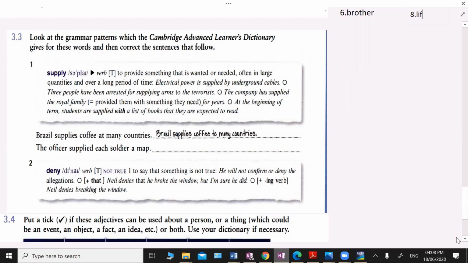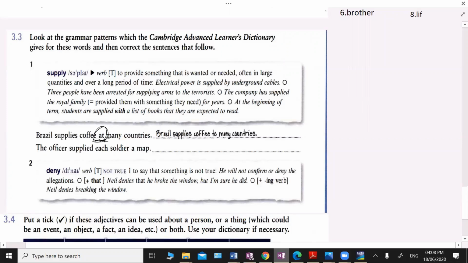Now it says here, Brazil supplies coffee at many countries. Some mistake here. Brazil supplies coffee to many countries, not at many countries. So there is a mistake here with the word at.